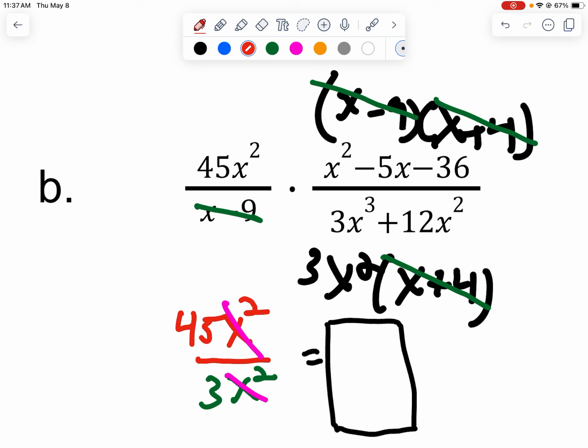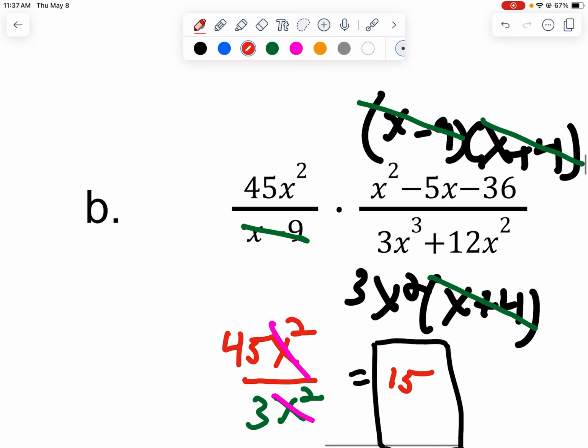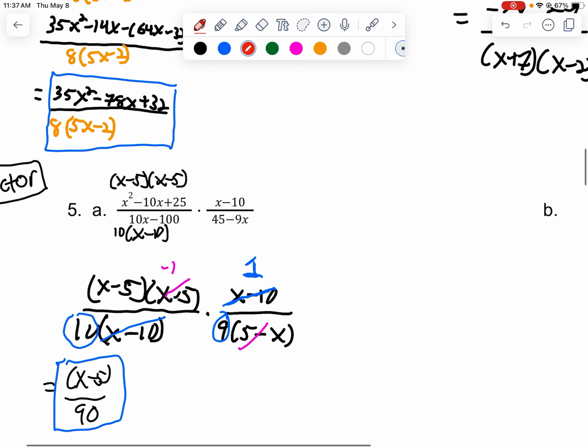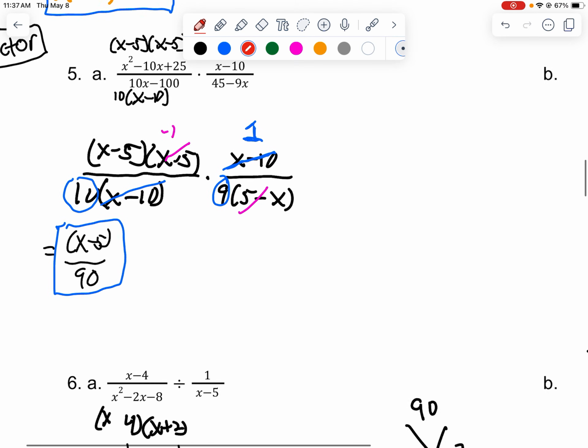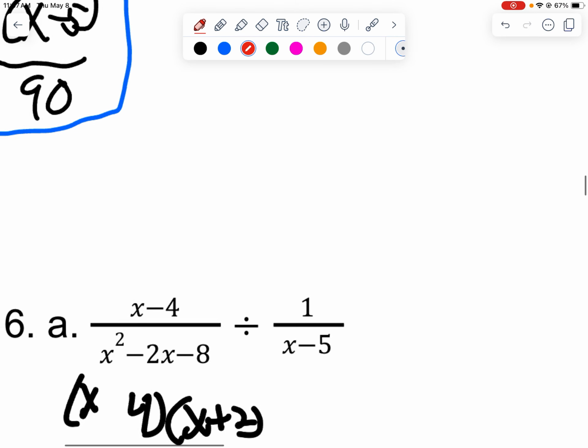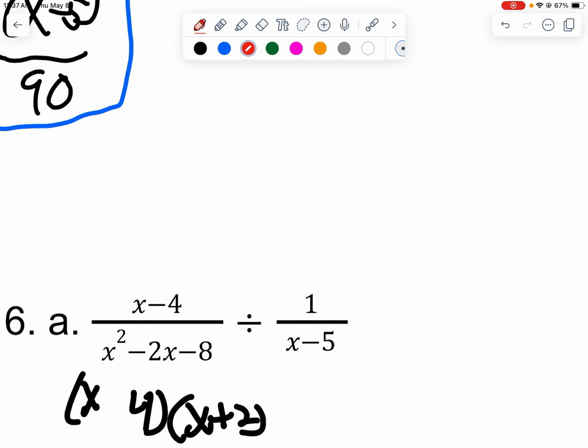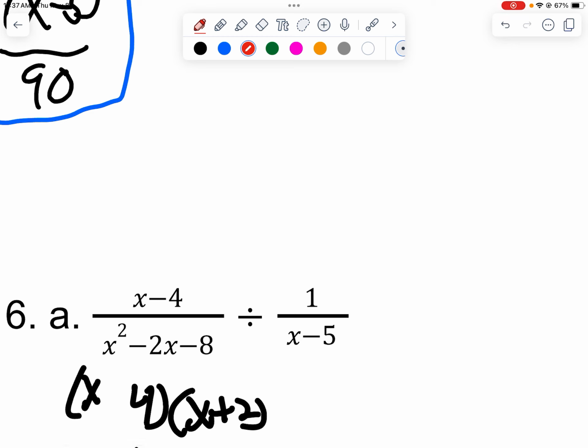Now, 45 divided by 3 happens to be 15. And this turns out to be just the number 15. All right? And that is an example of 5.